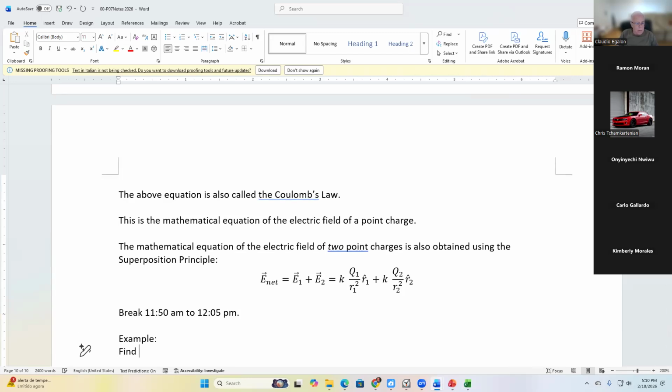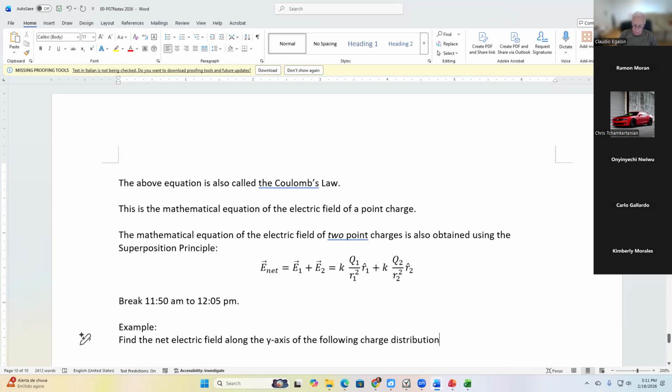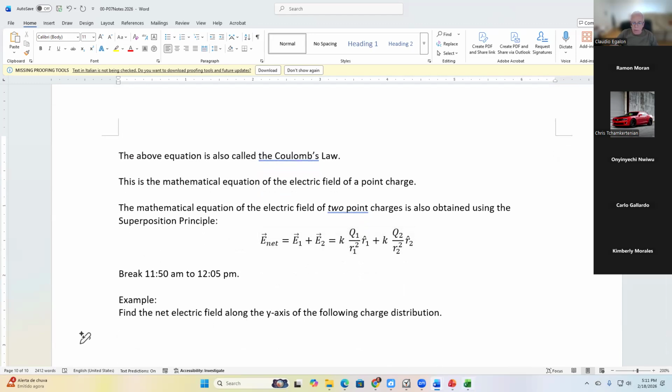Find the net electric field along the y-axis of the following charge distribution. And the charge distribution we're talking about is this one here that you saw.